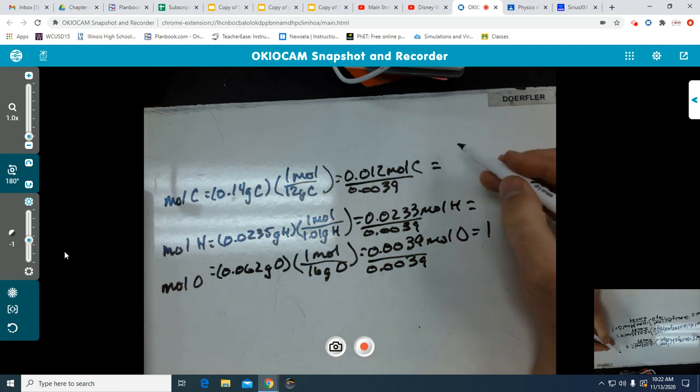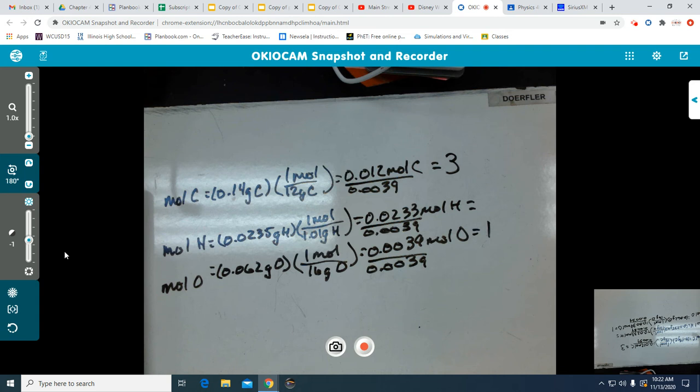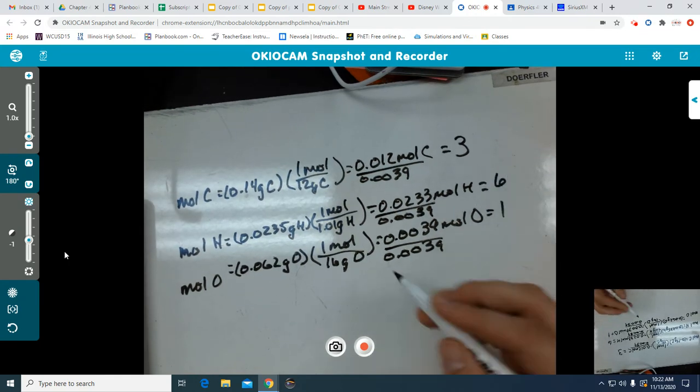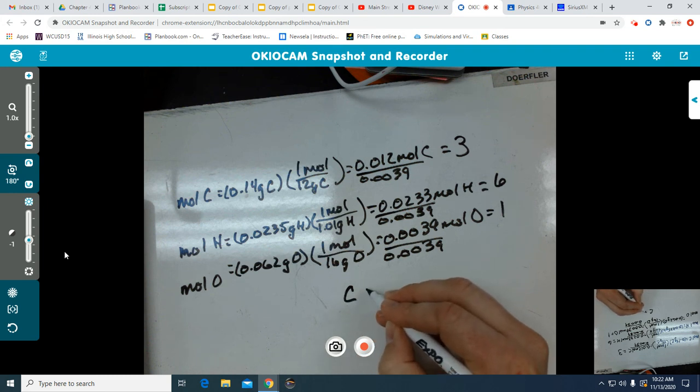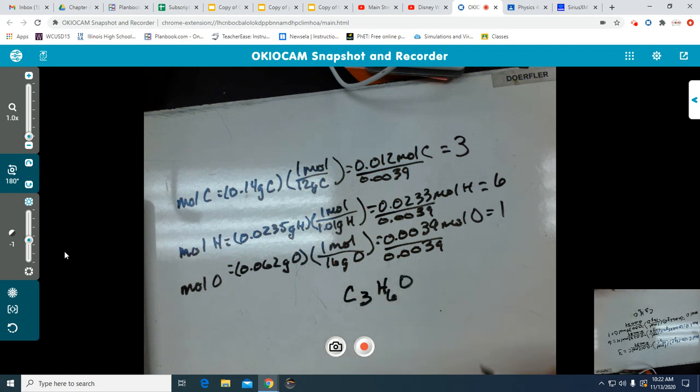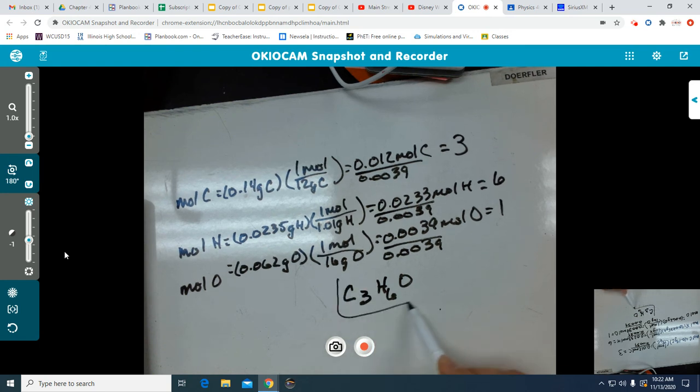For carbon, it's going to be 3. And for hydrogen, it's going to be 6. So that gives us the subscripts for our empirical formula of C3H6O. That is your answer for part 1.